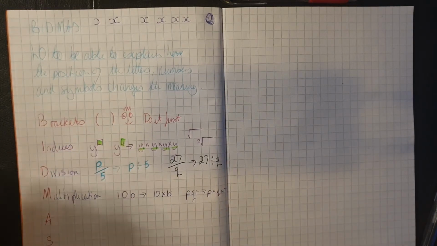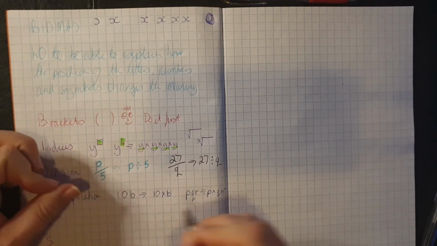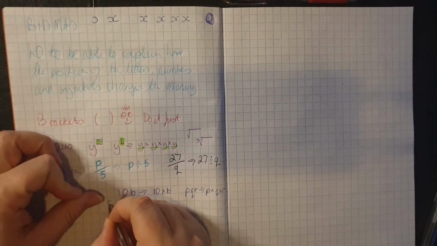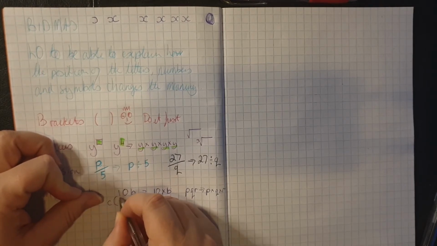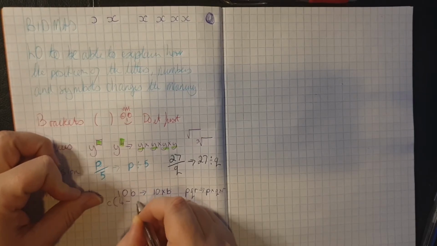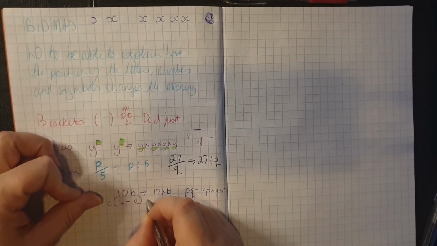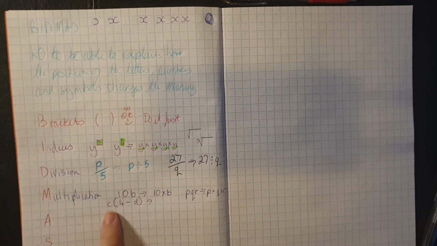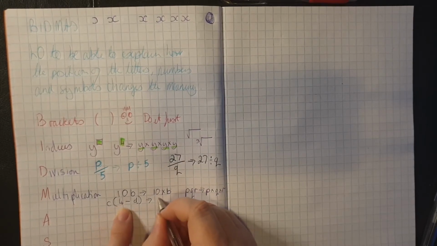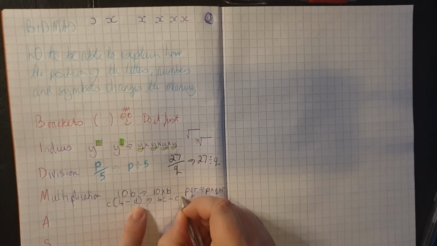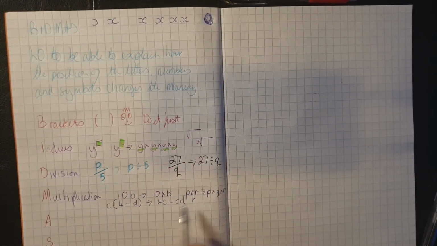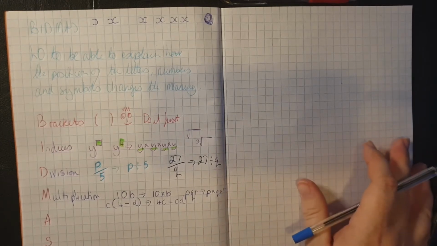So just for an example, we could have C open brackets 4 minus D. So that would give us C times 4 is 4C minus C times D, which we write as CD. But as I say, that part there you will see in far more depth in Form 8 and Lower Fifth.